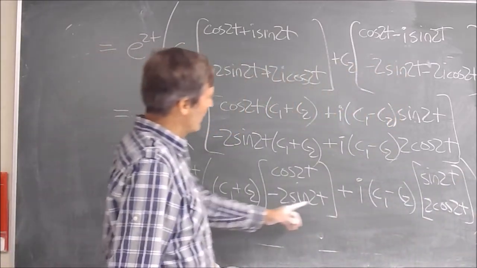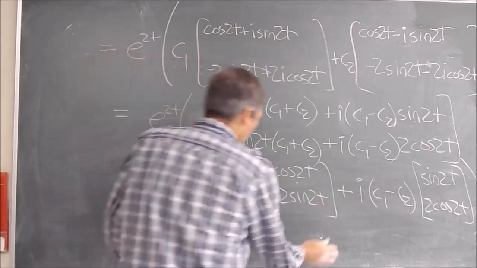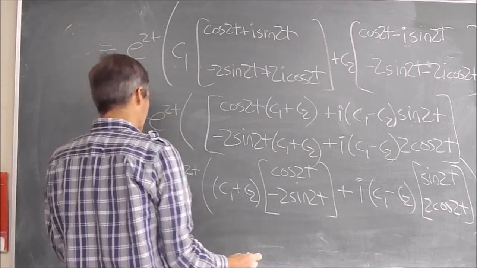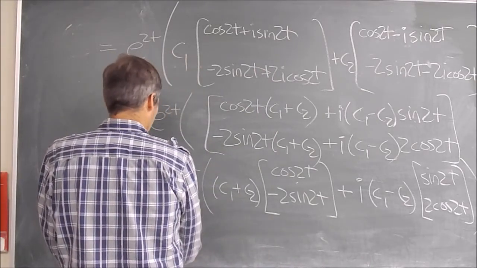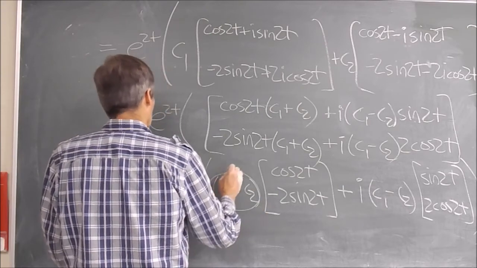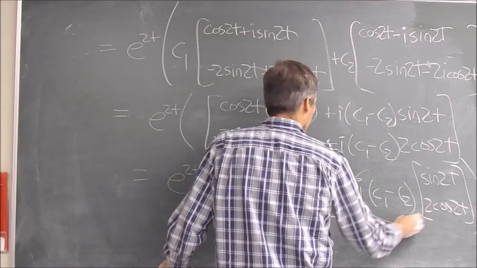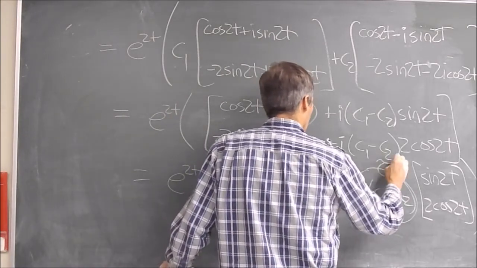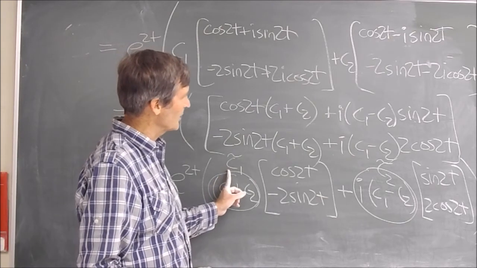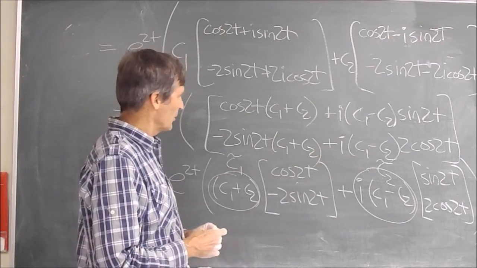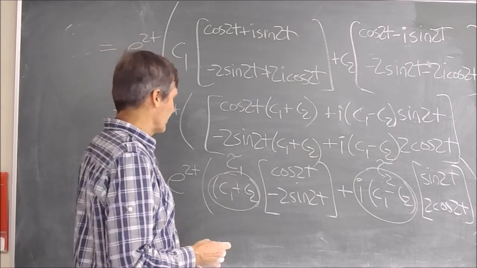Now I've got the part with i in it and the part with i not in it have to be independently solutions. So I will say that this is actually equal to, if I call this a new arbitrary constant c1 tilde, and this a new arbitrary constant c2 tilde, I observe that real solutions are obtained by letting c1 tilde and c2 tilde be real, and that will be the real subset.